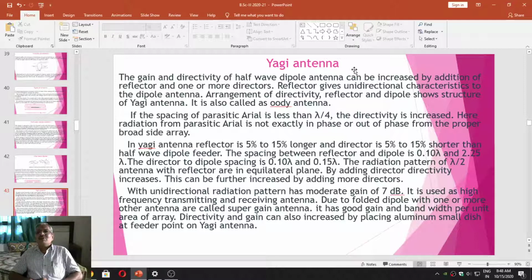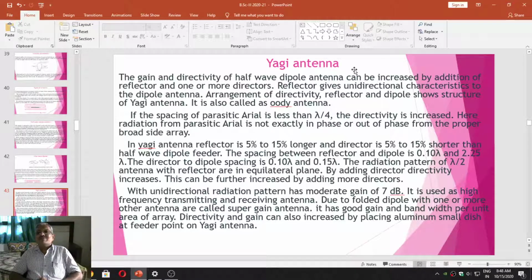The reflector produces unidirectional characteristics for the dipole antenna, whereas directors give directionality to transmit the signal and also to receive the signal.